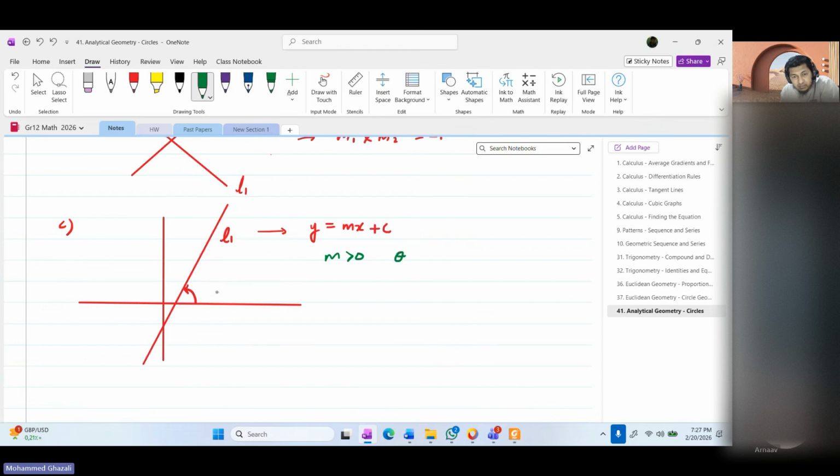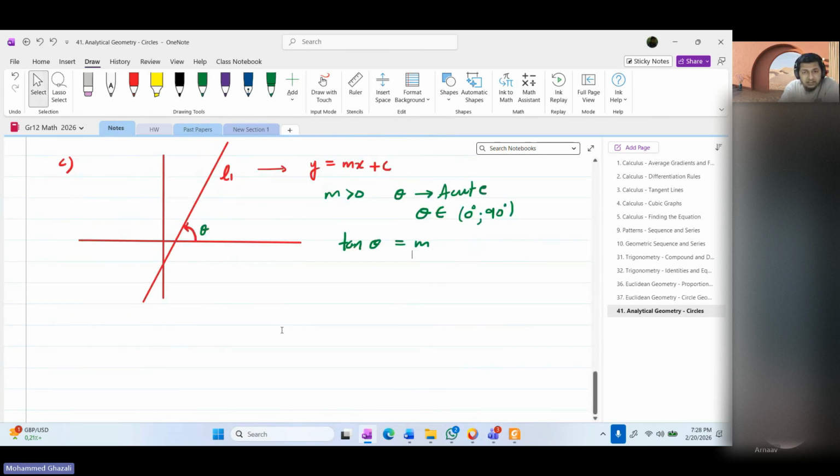The angle theta, which is here, will always be acute. Theta acute means it is between 0 and 90. The formula that we use to calculate theta is tan theta is equal to the gradient. You must know that, because if the angle theta is given, you will be able to find the gradient.